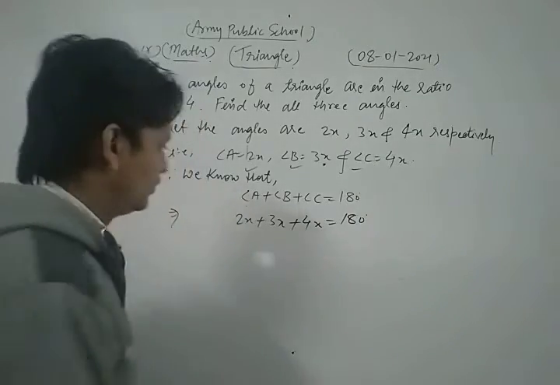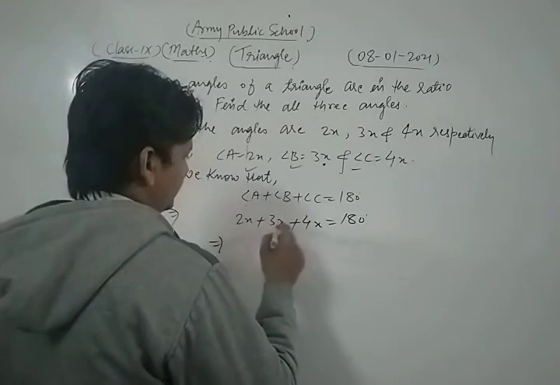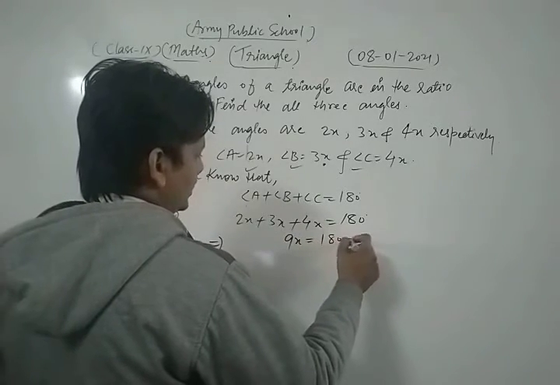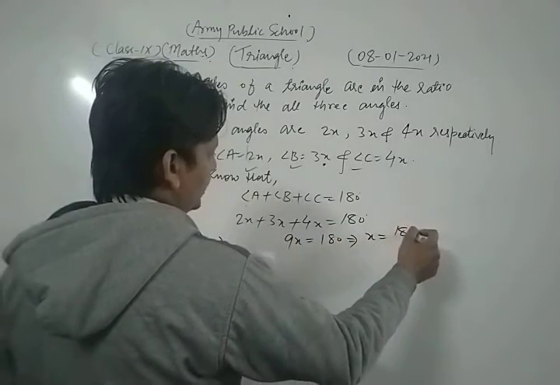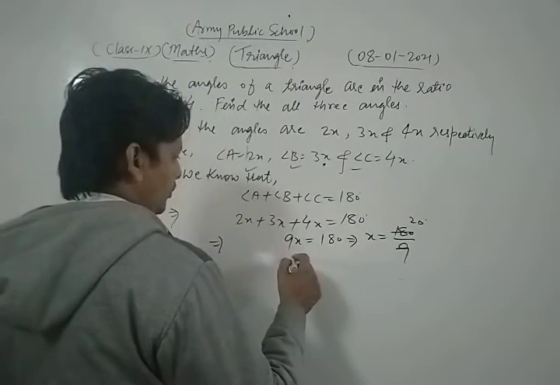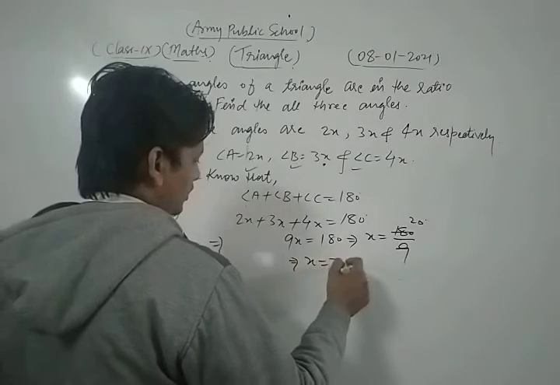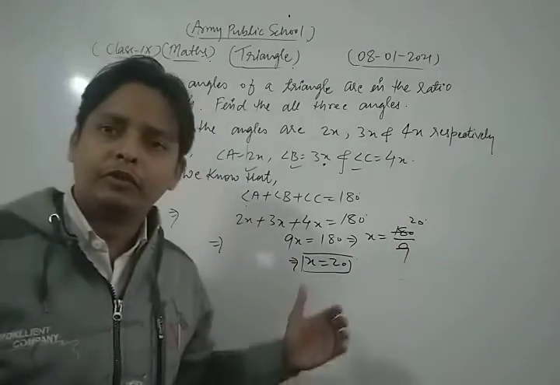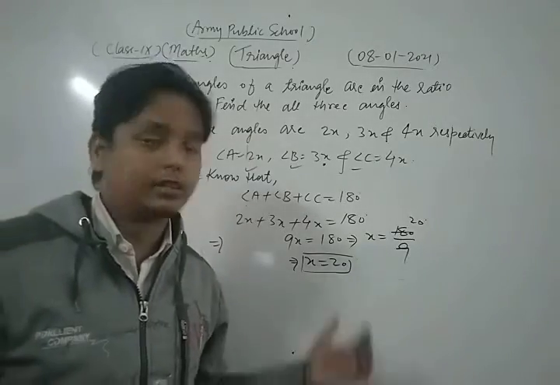Now we simplify: thus we get 9x is equal to 180. That is, the value of x is 180 upon 9. 9 twos are 18 and 0, so the value of x is 20. In this way, first of all, we find the value of x.